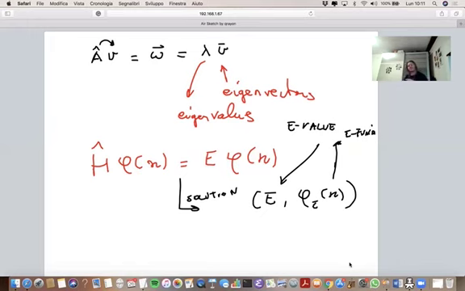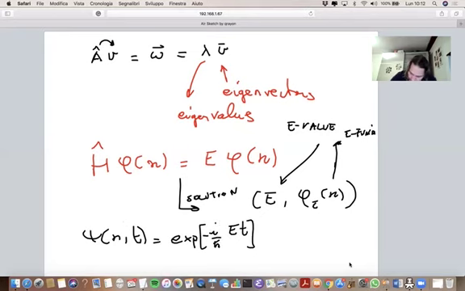We'll go into that much more in detail. But once you have found the solution, then of course psi of t will be built from this solution by taking the particular eigenvalue I have found, multiplied by t, and then taking the corresponding function.